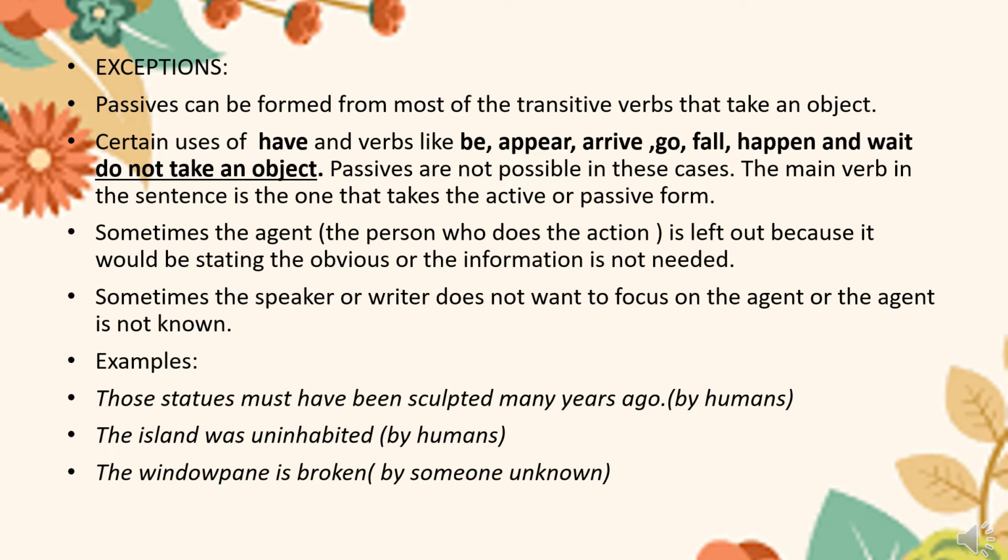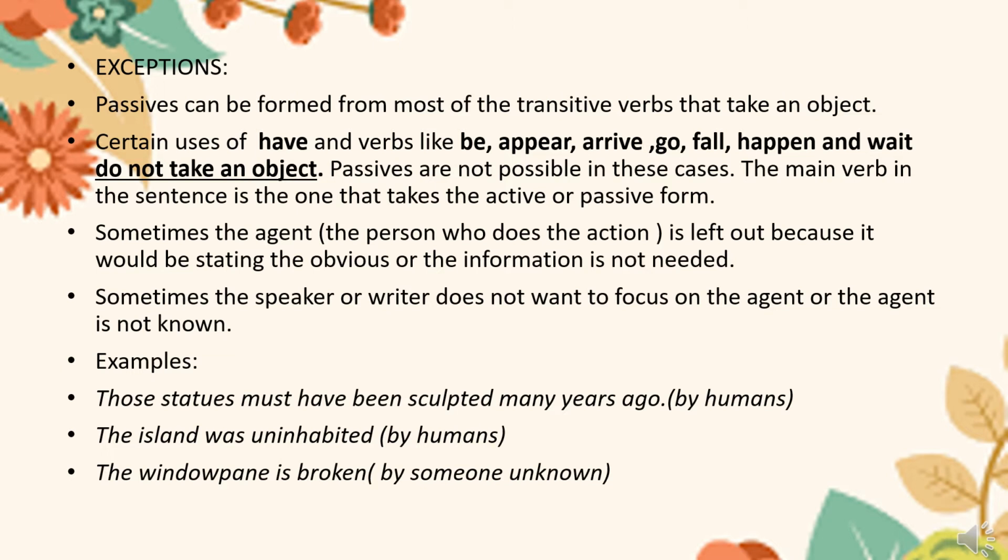The main verb in the sentence is the one that takes the active or passive form. Sometimes the agent, that is the person who does the action, is left out because it would be stating the obvious or the information is not needed. Sometimes the speaker or writer does not want to focus on the agent or the agent is not known.